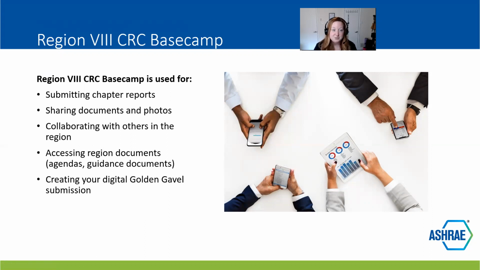We also use Basecamp to share documents and photos within the region. It allows you to collaborate with other chapters in the region, so you can spy in on what other chapters are doing, what their newsletters look like, what their reports look like, etc. You can also access region documents like agendas, guidance documents, or templates of reports, etc. Those are all in the CRC Basecamp.